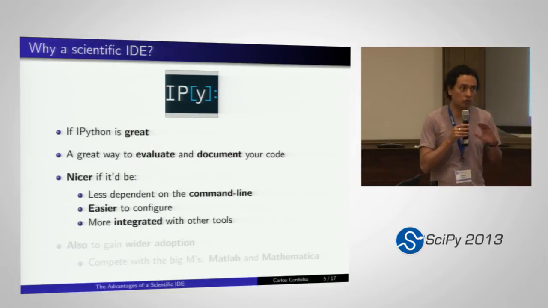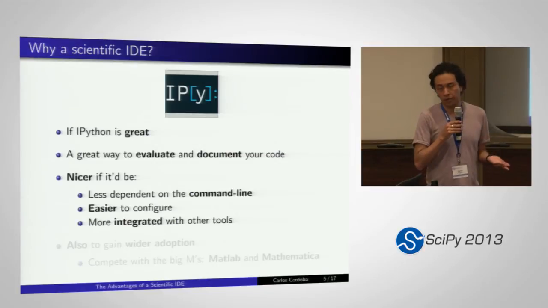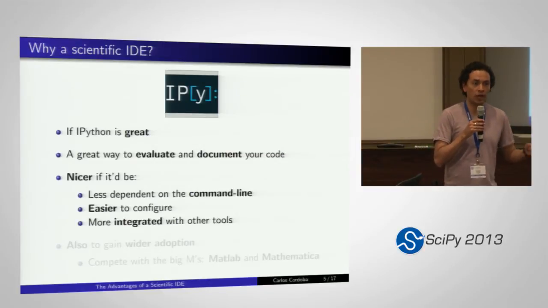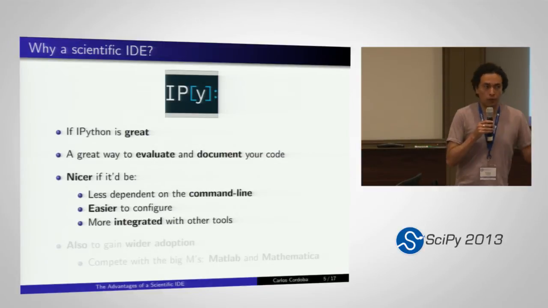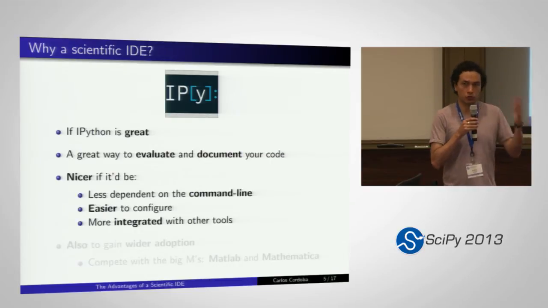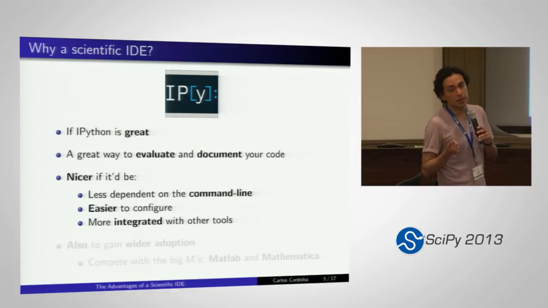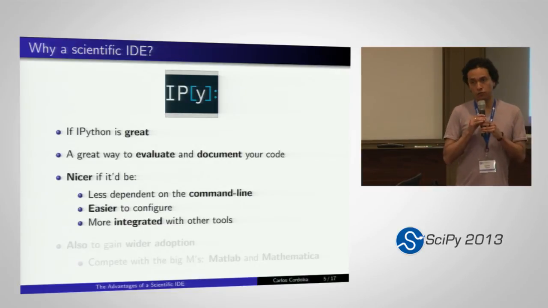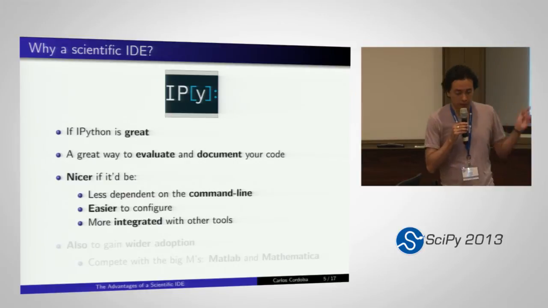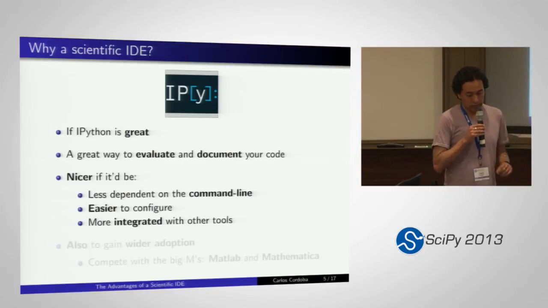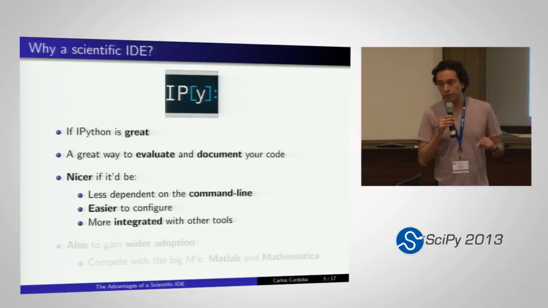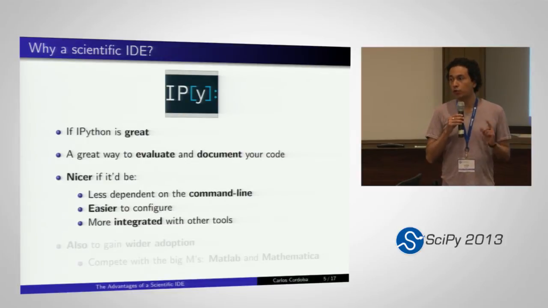You know, for people accustomed to the command line it's great, but for others, going back to the command line for configuration, to do nbconvert, it's kind of a pain. And the other thing is that IPython could be much easier to configure. Right now, you have to edit plain text files, as I'm going to show you. And also, it could be more integrated with other tools.